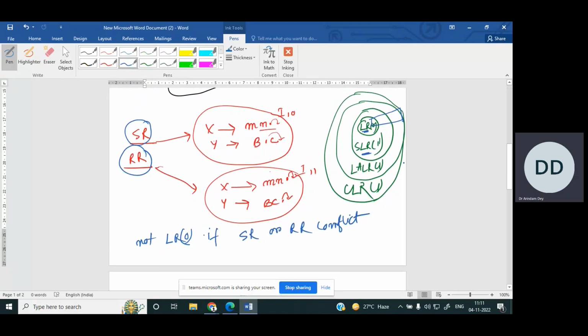Correct. Then if not LR0, then can I say SLR1? No, I cannot say SLR1. To test SLR1, some more parameters have to be considered.